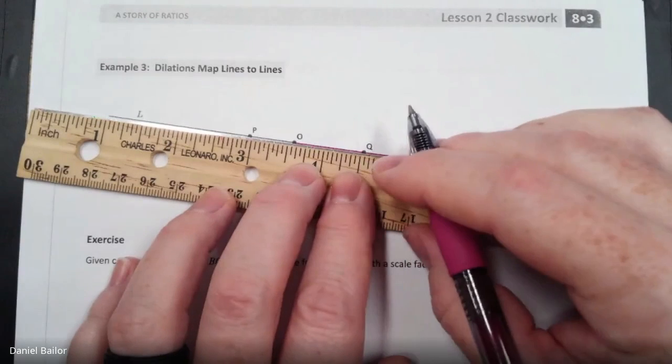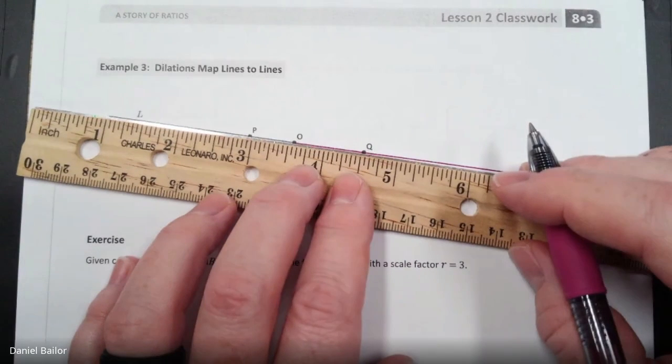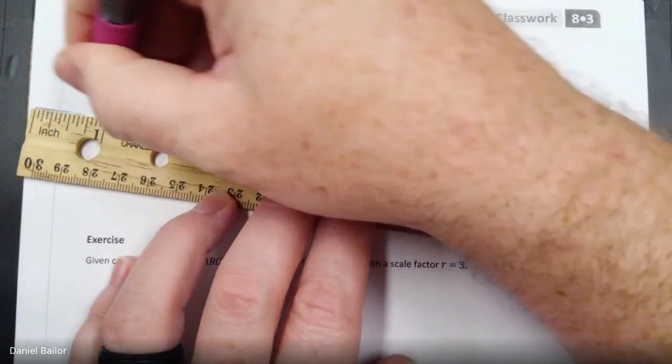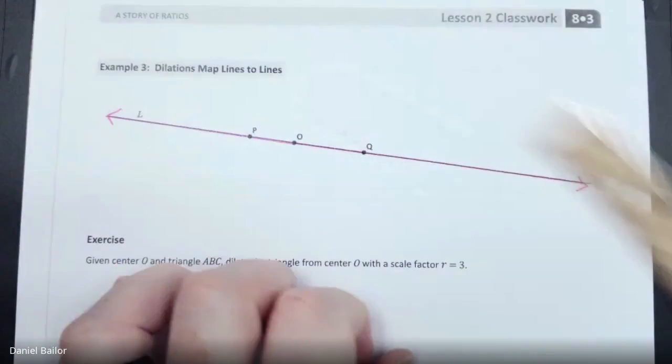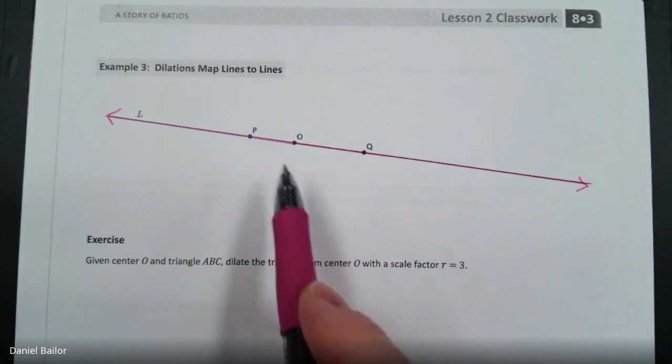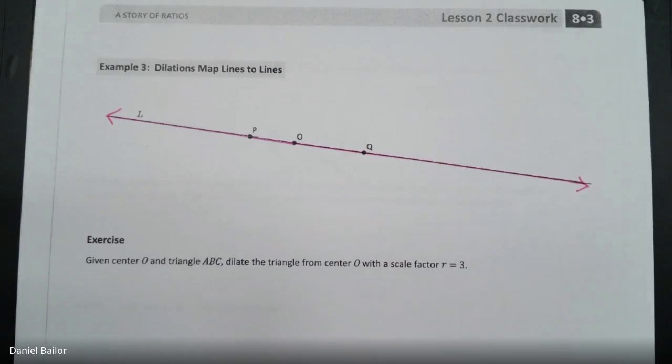That's one of the rays, because the rays just have to connect. So if you look, the rays stay on the line. So it looks like the line is just going to grow wider, not really move anywhere. That's what's going to happen.